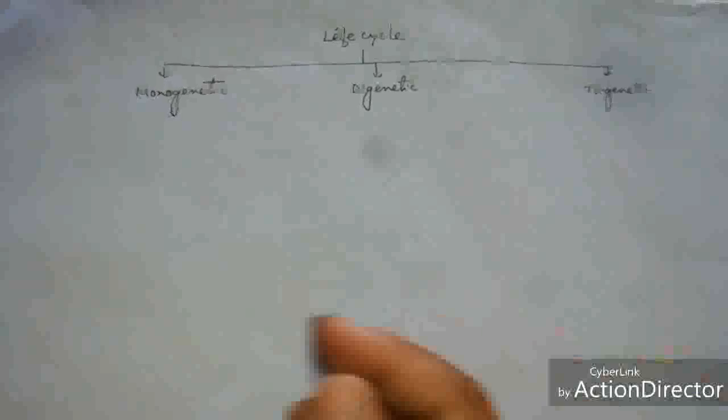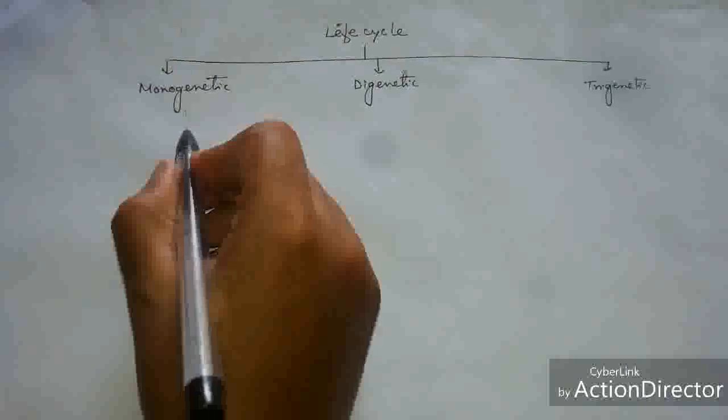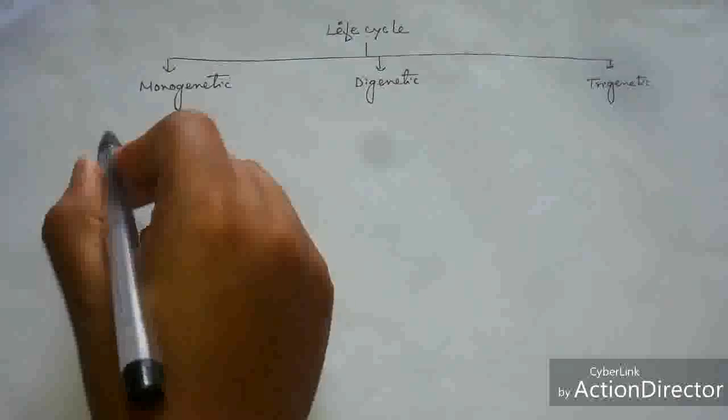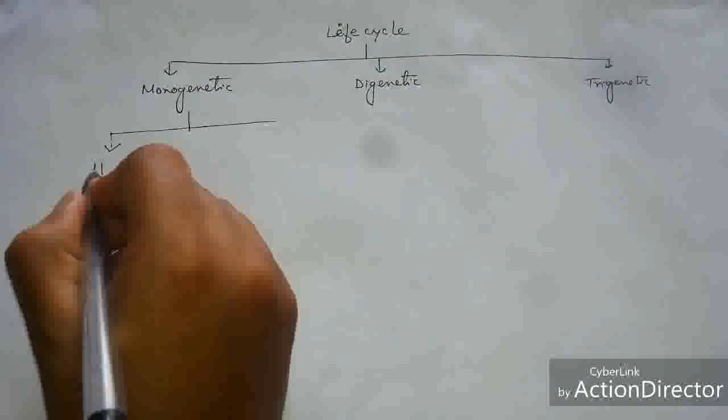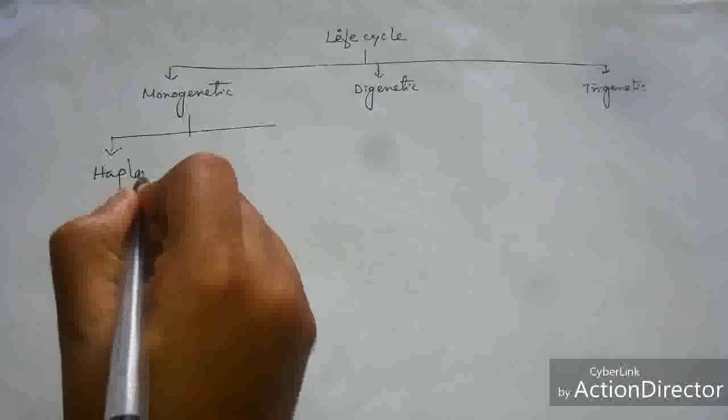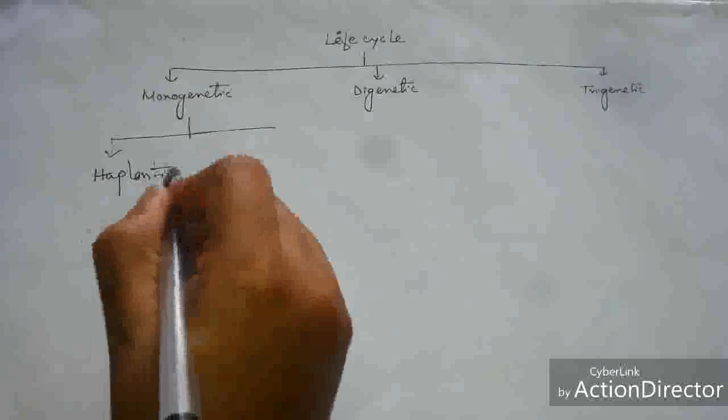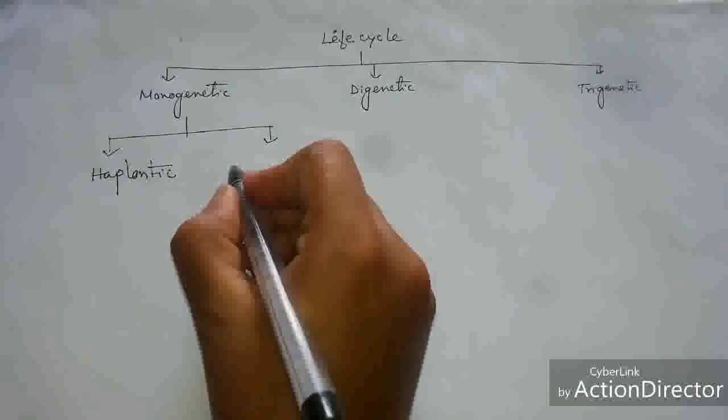In monogenetic, two phases are present, that is haplontic and another is diplontic.